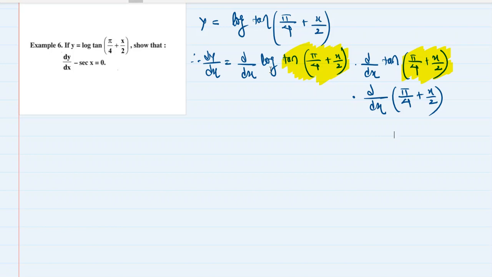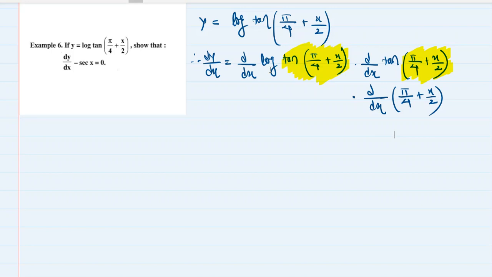I will show you the answer. Multiplied by d by dx of tan of (pi by 4 plus x by 2). We'll treat that pi by 4 plus x by 2 term as x. So what is d by dx of tan x? Sec square x. So we get 1 upon tan of (pi by 4 plus x by 2) as the first term, multiplied by sec square of (pi by 4 plus x by 2) as the second term, multiplied by d by dx of pi by 4 plus d by dx of x by 2, which is 1 by 2.